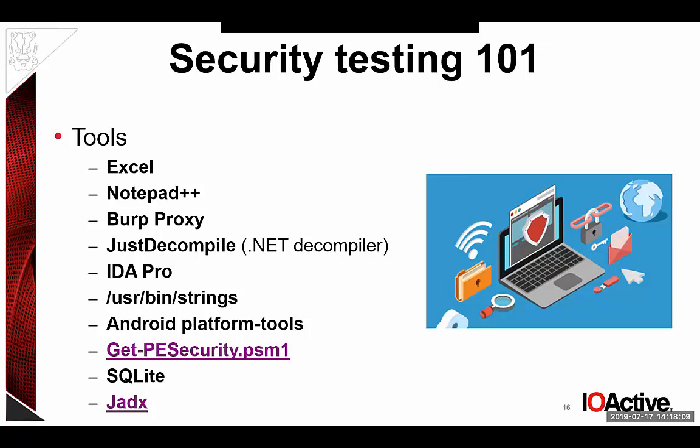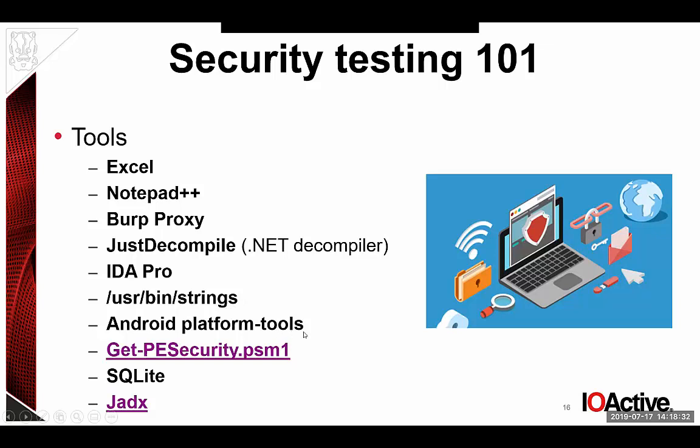Burp proxy to intercept the HTTP traffic and tamper the data. For reverse engineering, I used JustDecompile, which is basically a .NET assemblies decompiler. IDA Pro, it's self-explanatory. Strings, to dump all the strings in an object.